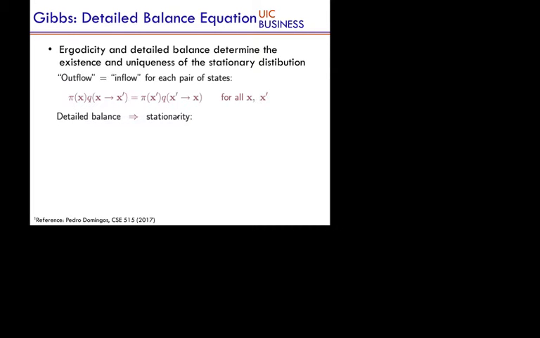Of course, with just this condition you cannot say that something is a stationary distribution; as I said, some other conditions need to hold, namely ergodicity along with this one. So effectively, stationarity implies detailed balance, not the other way around. P implies Q means it's a necessary condition or a sufficient condition.